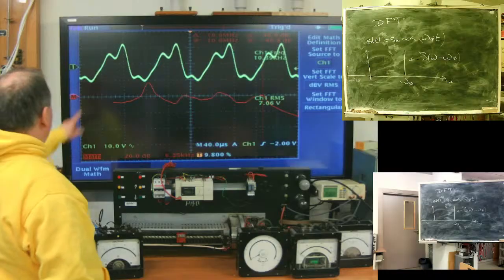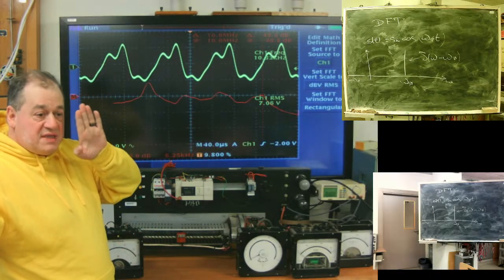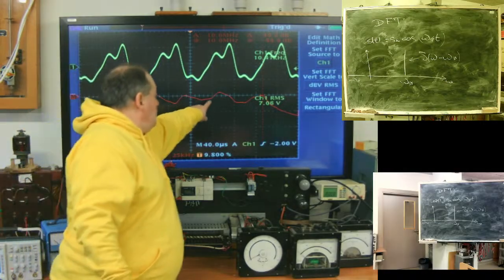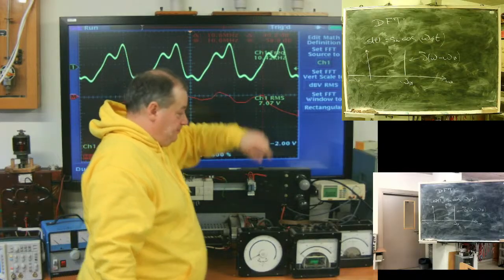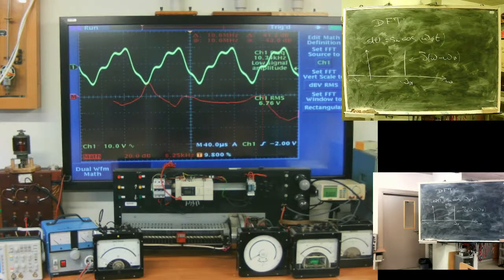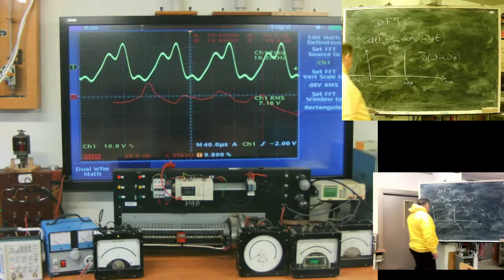On the base of 1, 2, 3, 4 periods, I have a sampling table for DFT of 4 periods. Can you tell where the second harmonic is? It is here. Never invisible.